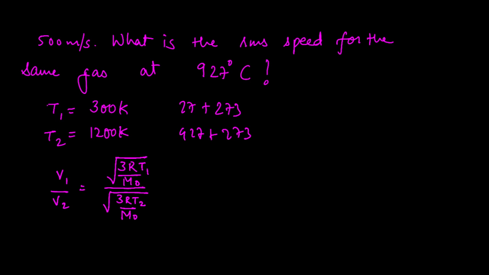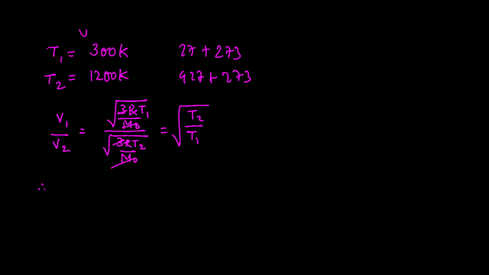Now same gas, so M0 cancelled, 3 cancelled, R cancelled. So this is simply under root T2 by T1. Now we want to find V2. V1 is 500 meter per second, V2 unknown, equal to root of T2 by T1. T2 by T1 is 1200 divided by 300, so that is 2 after taking square root.